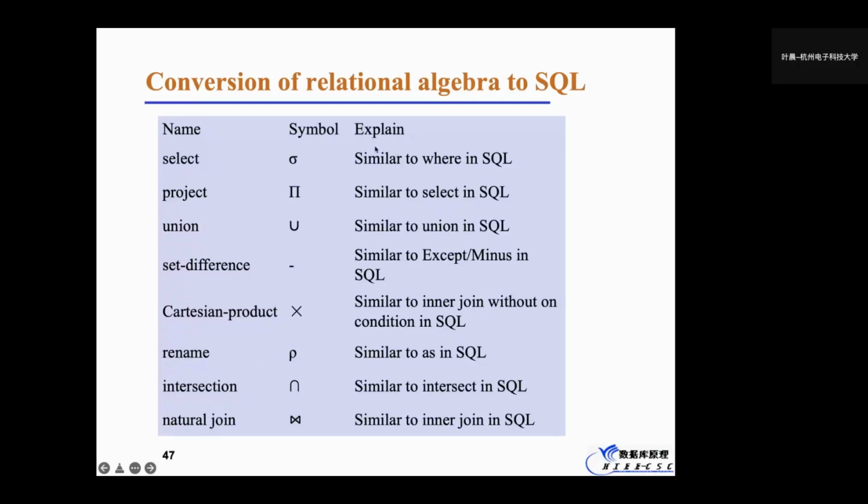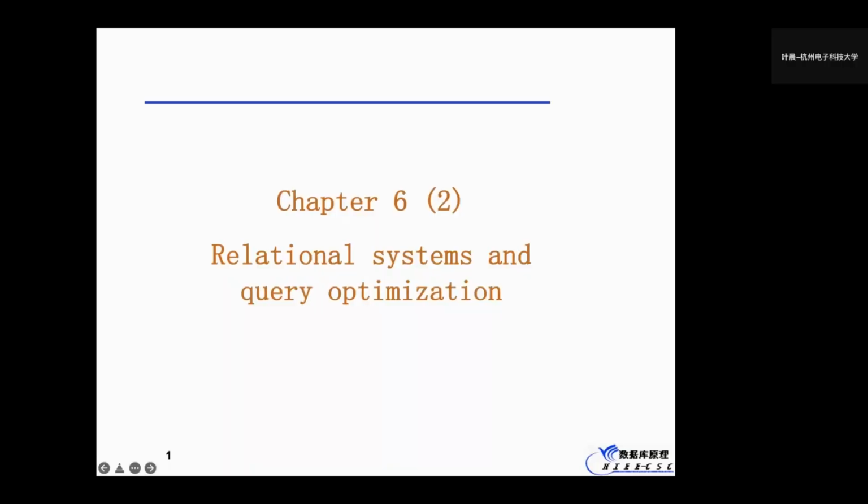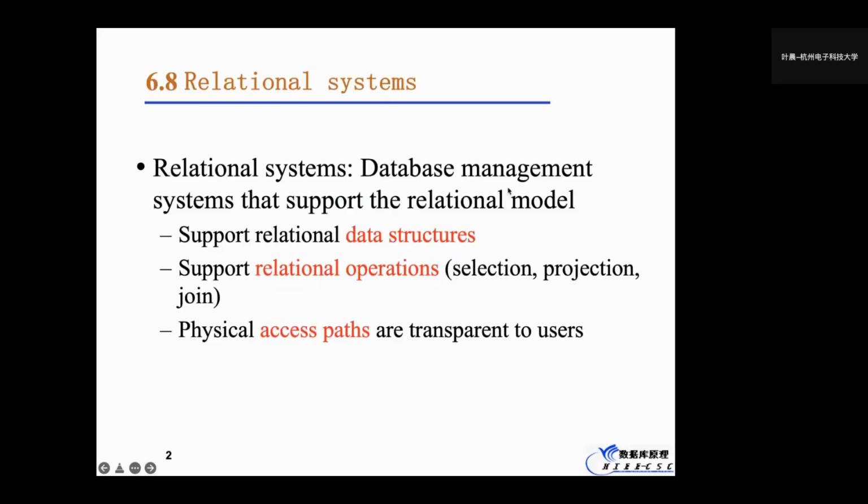Then let's come to the second part, the relational systems and query optimization. And first, let's see what a relational system is. It is a database management system that supports the relational model. So these relational systems should support the relational data structures.